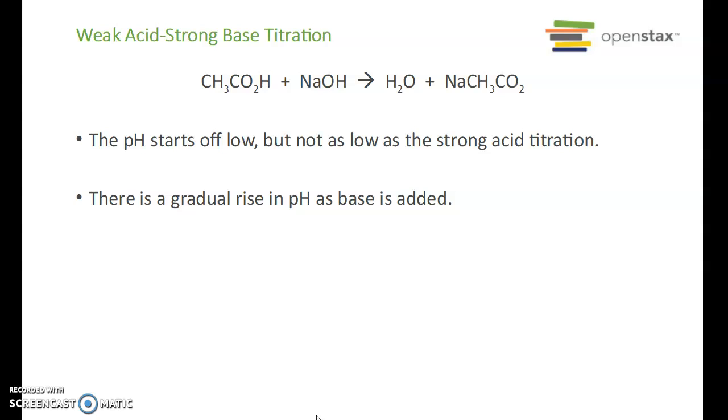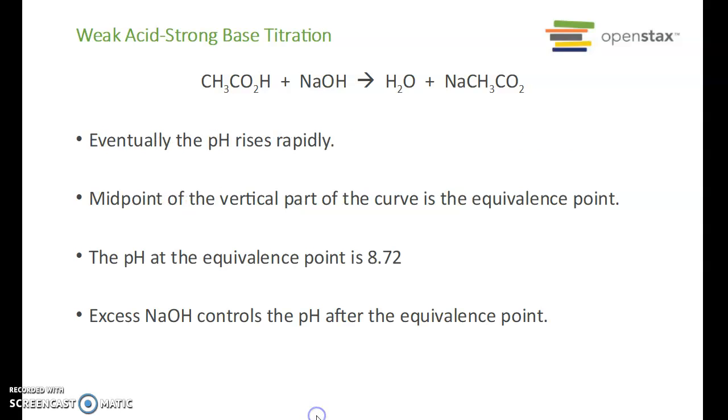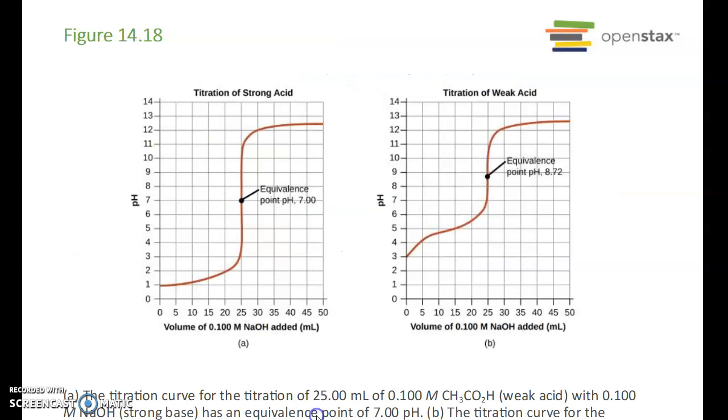A strong acid titration is going to start off down around pH of 1, whereas we know that the acetic acid one is going to start off closer to 4.74. And there's a gradual rise in pH as the base is added. Eventually, the pH rises very rapidly, and the midpoint of the curve is the equivalence point. Here, it's going to be at 8.72. Beyond that, the sodium hydroxide controls the pH.